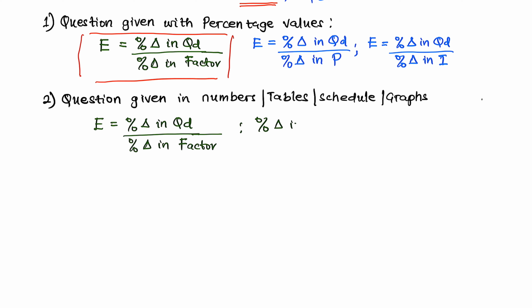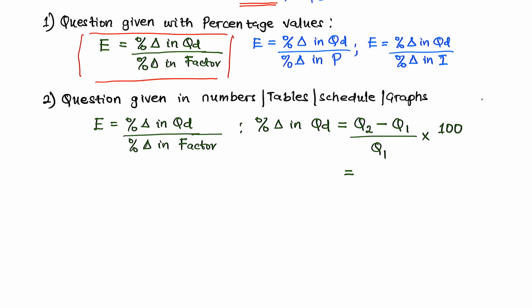percentage change in quantity demanded is gotten by the general way of calculating growth in anything: the current value, let's call it Q2, minus the old value, let's call it Q1, divided by the old value, which is Q1, multiplied by 100.